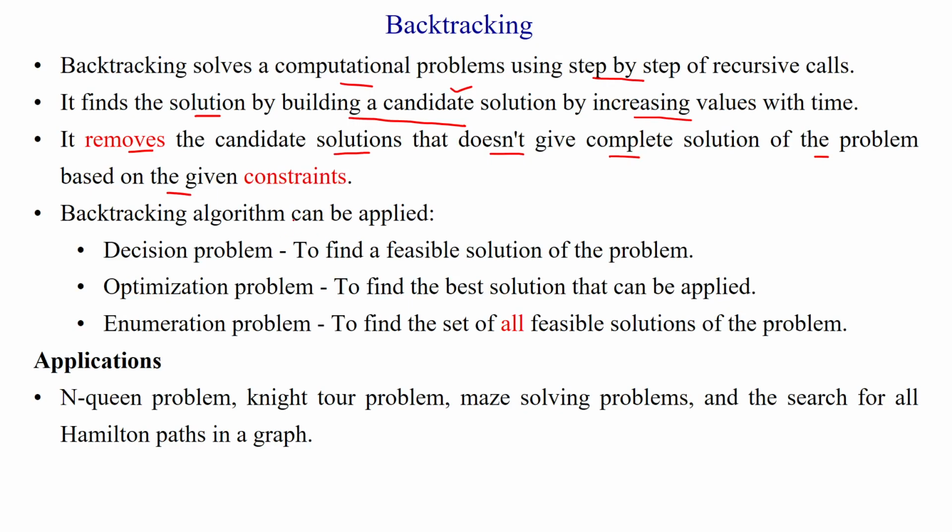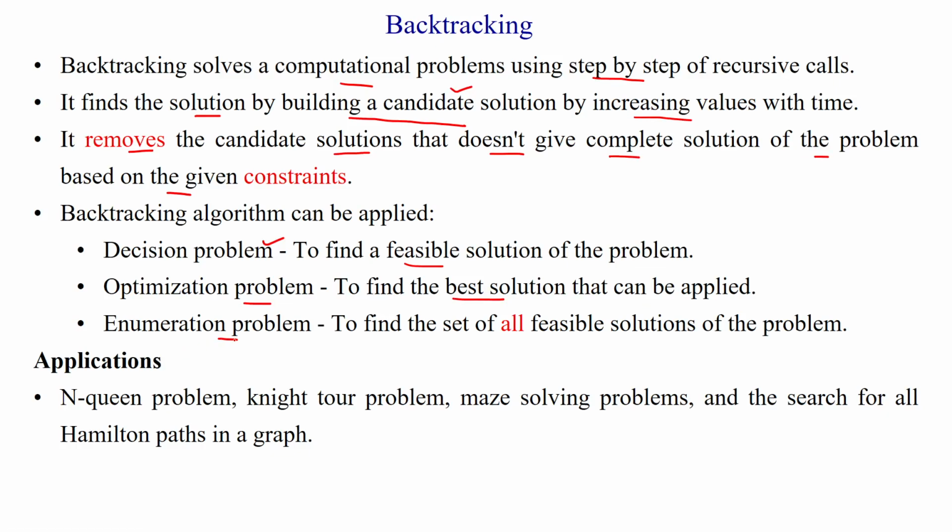The backtracking algorithm can be applied to the following types of problems. One is the decision type of problem, which is used to find a feasible solution for the given problem statement. Optimization is another type of problem, which finds the best solution for the given problem statement.